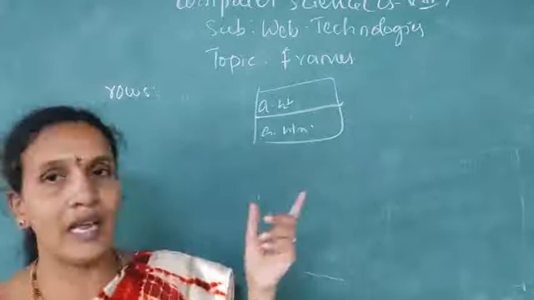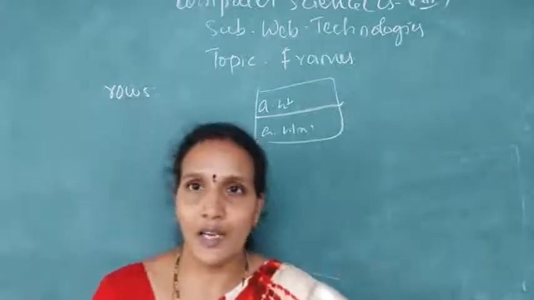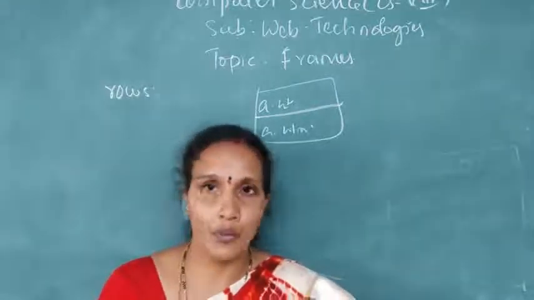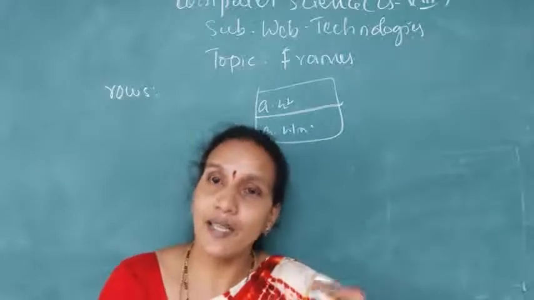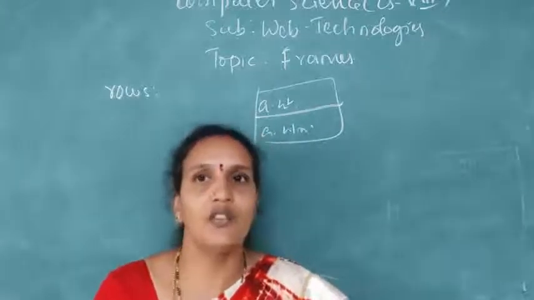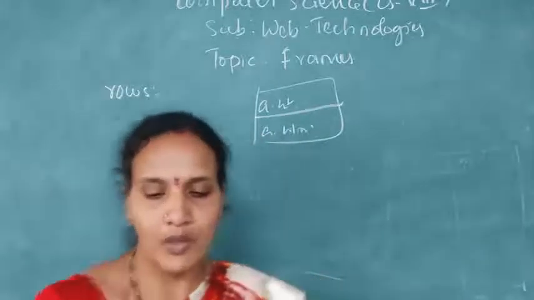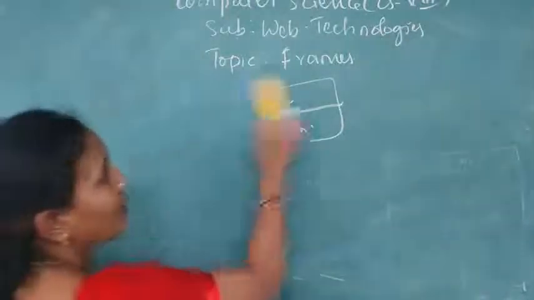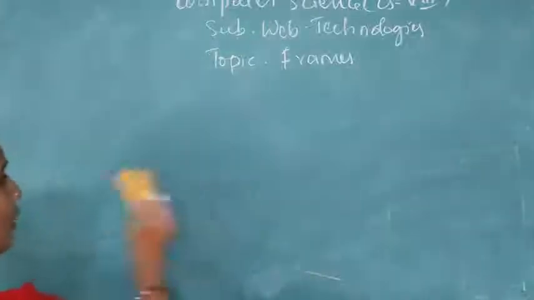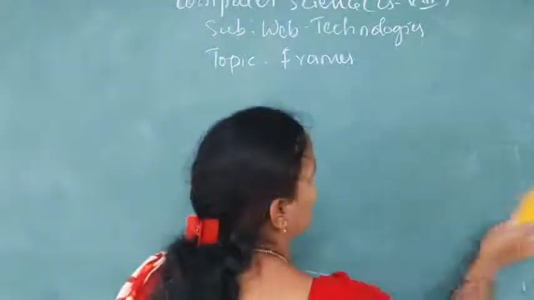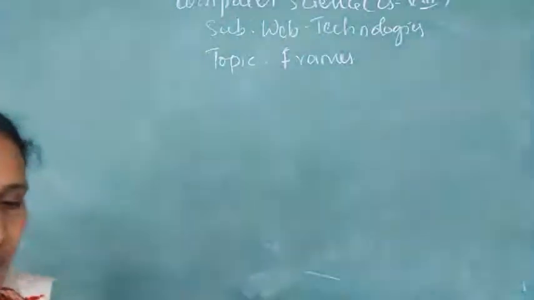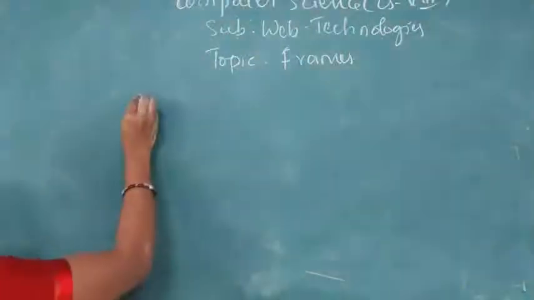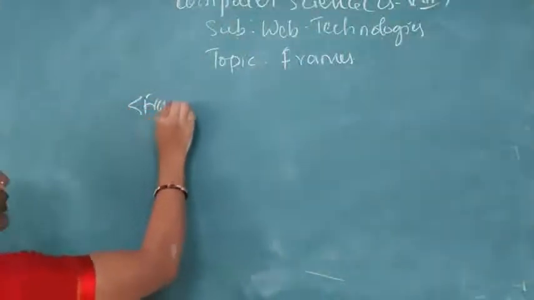And similarly, as you have given in the cols attribute, in the rows attribute also you should give what is the size of the first row, what is the size of the second row. So what is the use of the rows attribute? The rows attribute is used to divide the browser window into rows, which means horizontal partitions. Similarly, you write the syntax of the rows attribute.